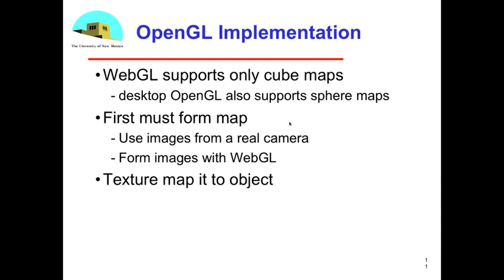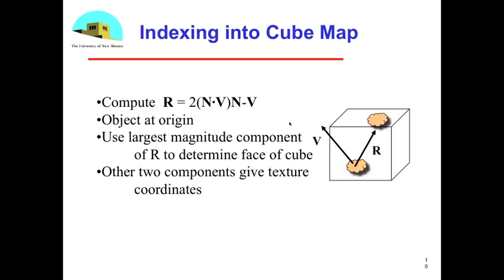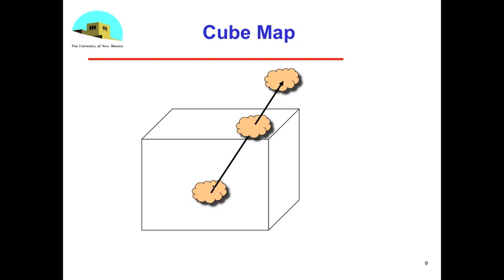So your job is really a 2-step job, and this is our first example of multi-rendering, where to see one scene we may have to do multiple renderings. So one way is that we actually use a bunch of cameras and take a picture of the environment. You could actually put the camera right here in the middle, and I'll show you a picture where we're doing that with animation software, and take 6 pictures.